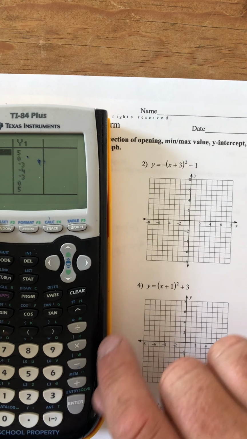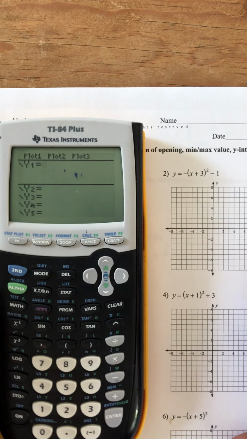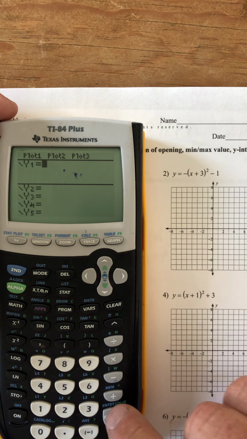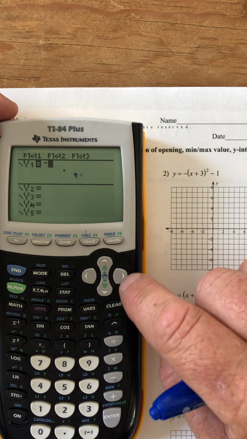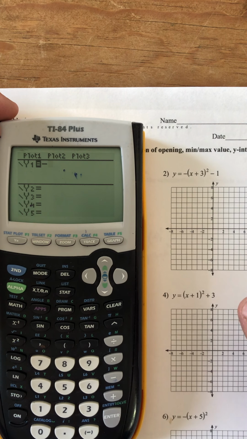Now the second one. So go back to y equals, hit clear. All right, the second one we're going to graph. So we're going to have a negative in front. Actually, it's clear. I believe it's minus in front because it's a minus 1.